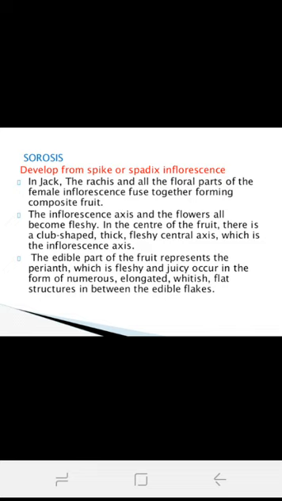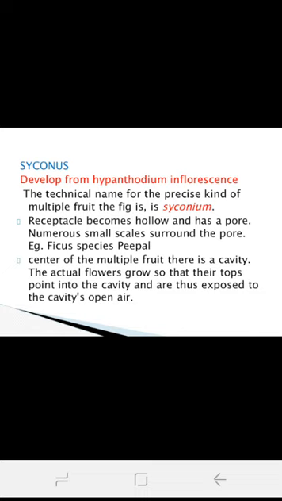Then next is Syconus. Fruit developed from a Hypanthodium inflorescence. We studied already in the second session what a Hypanthodium is. Hypanthodium is a special cup-shaped structure with an ostiole at the apex. Example fig. The fruit developed from a Hypanthodium inflorescence is called Syconus or Syconium.